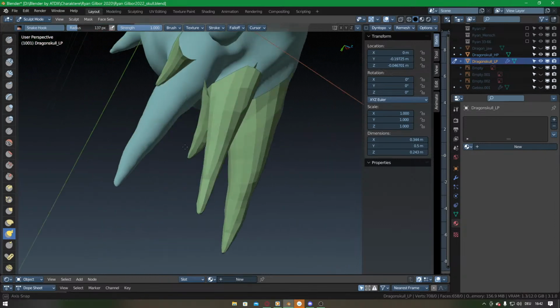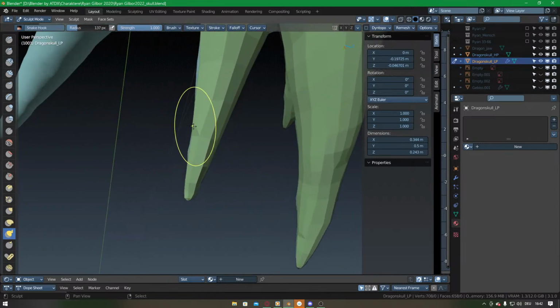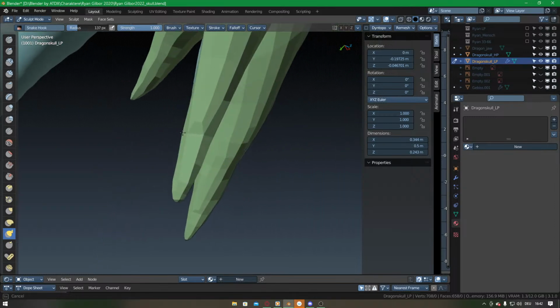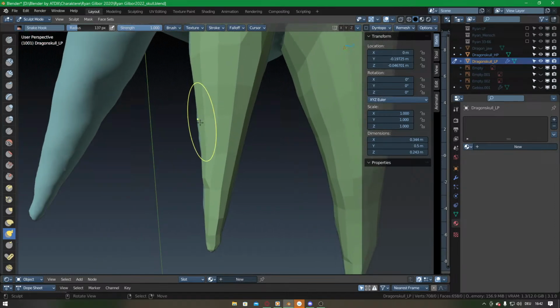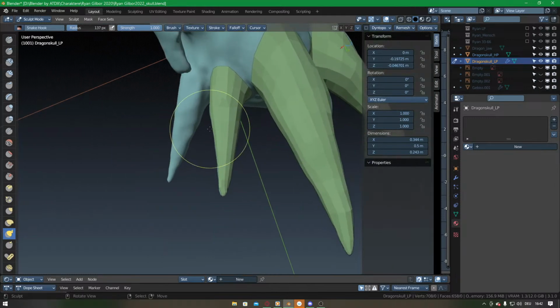Move it a bit. That, and it should work. Good.